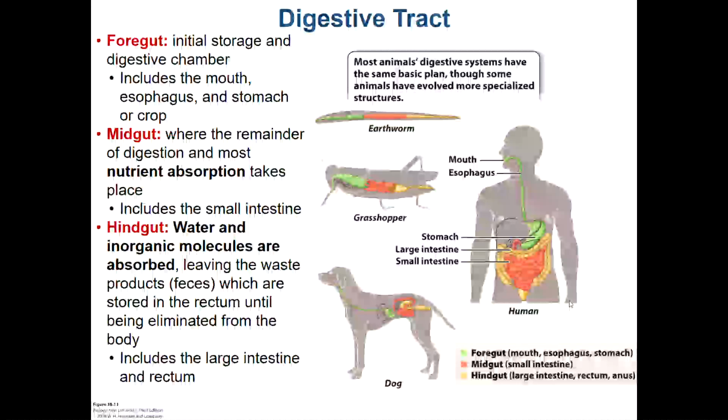And finally, we have the hindgut. In the hindgut, that is where water and inorganic molecules are absorbed. It leaves behind the waste product, or feces, which are stored in the rectum until they are eliminated from the body. So the hindgut includes the large intestine, rectum, and anus.